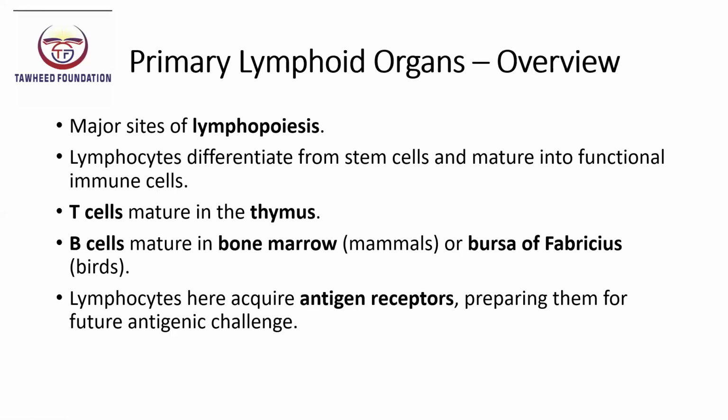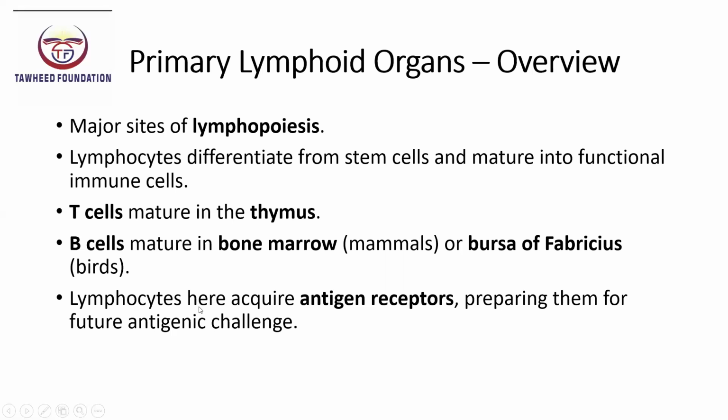During this process, they rearrange their antigen receptor genes, allowing them to recognize specific antigens later in life. In mammals, T cells mature in thymus while B cells mature in the bone marrow. In birds, the bursa of Fabricius serves as the B cell maturation site, hence the name B cell.